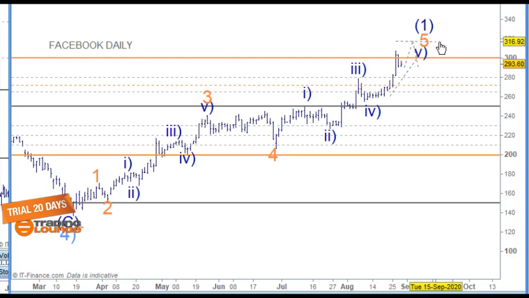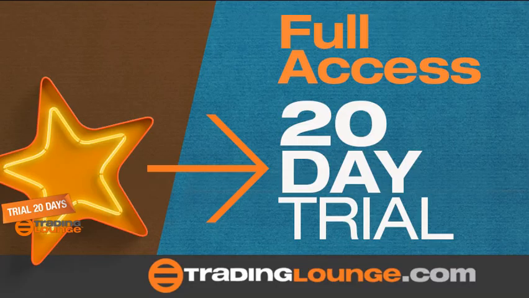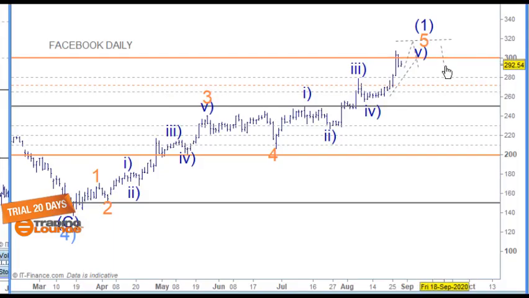But once we get that high here, for example, and then if I see a corrective pattern occurring here, well, that corrective pattern is going to tell me that we're not finished to the upside yet.